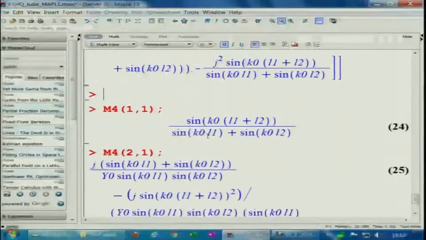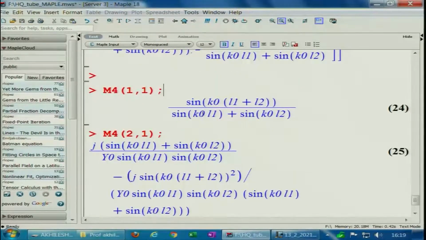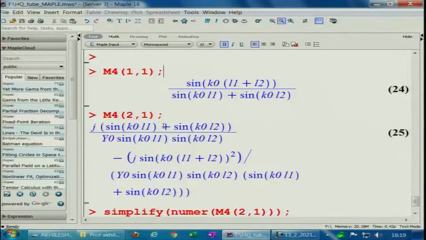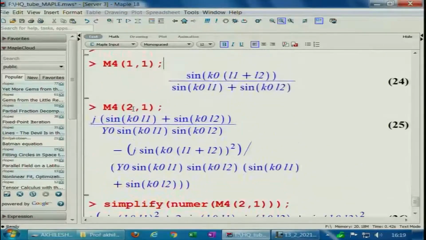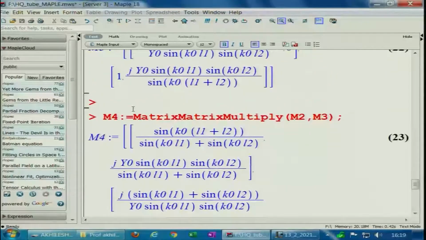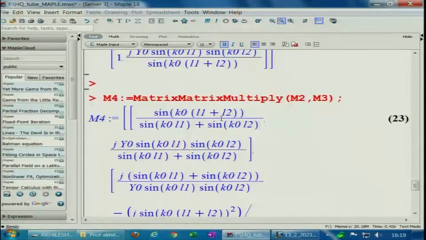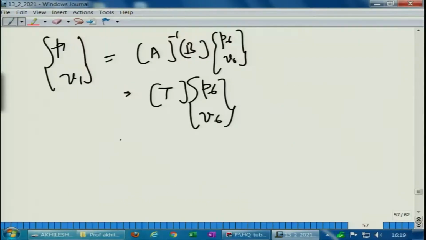So, let us get back to Maple, and we figure out that M411 is nothing but sine of K0 L1 L2 and this thing, and this is nothing but S1 and S2, and this is the most tedious looking expression. We will worry about that in a bit. But other expressions are fairly simple in the sense that you have your M4 matrix here. So, M412, that is basically you have T11 figured out, T21 is a bit nasty looking thing, T12 and T22.